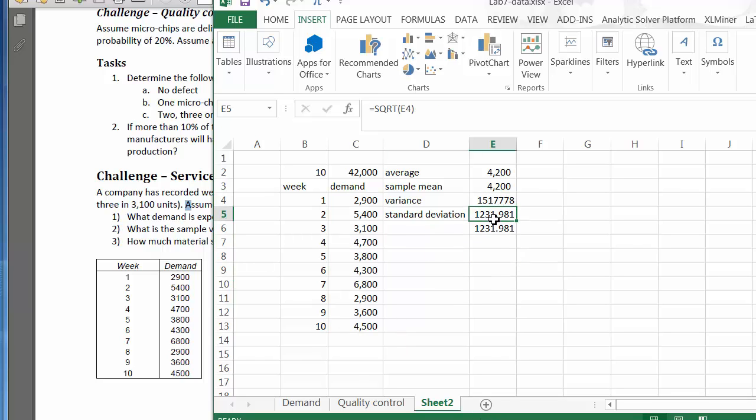With the standard deviation, we can go even one step further and say 84% are going to be less than 5,431.